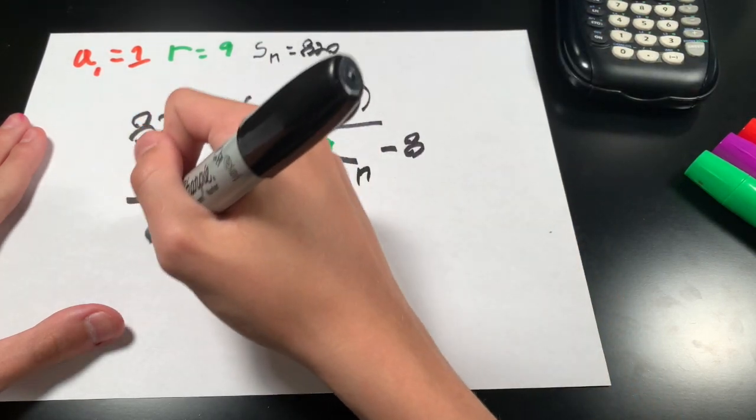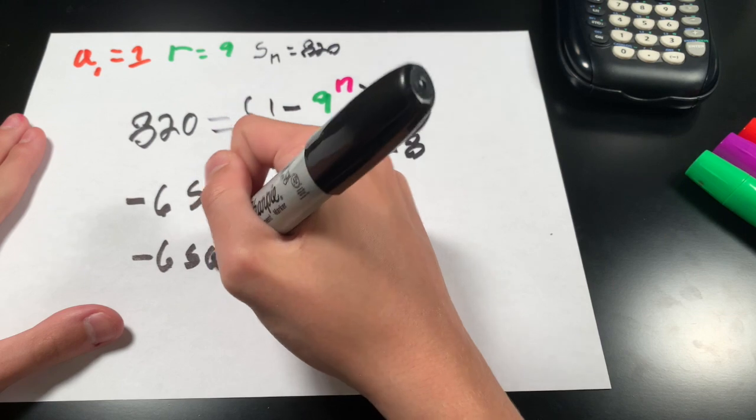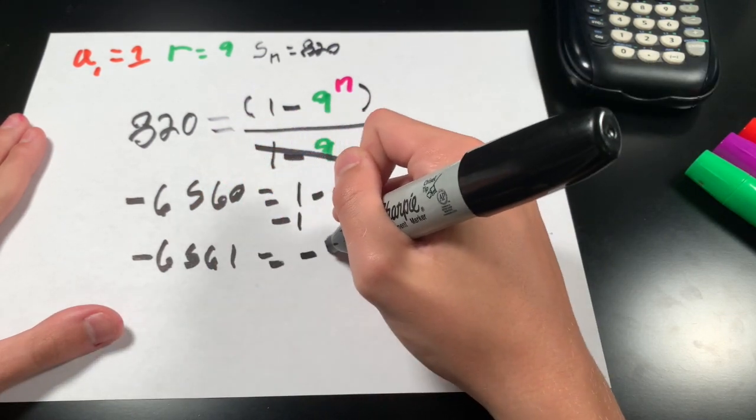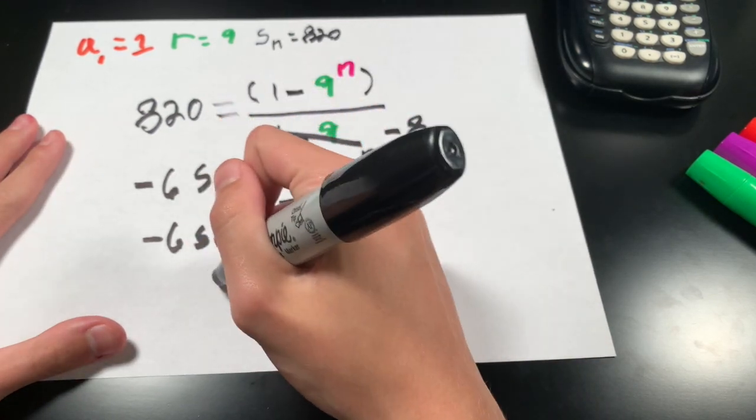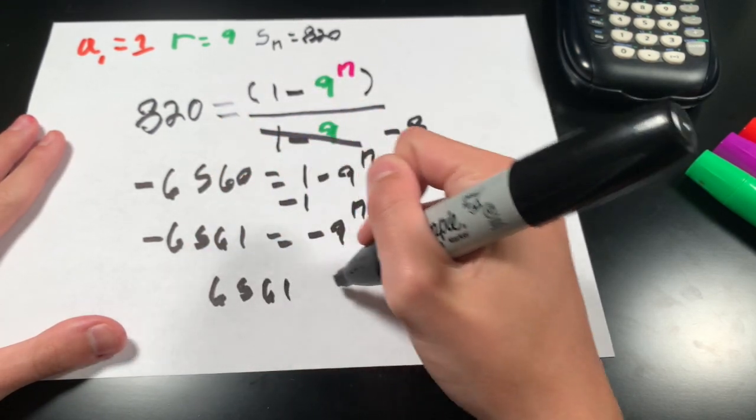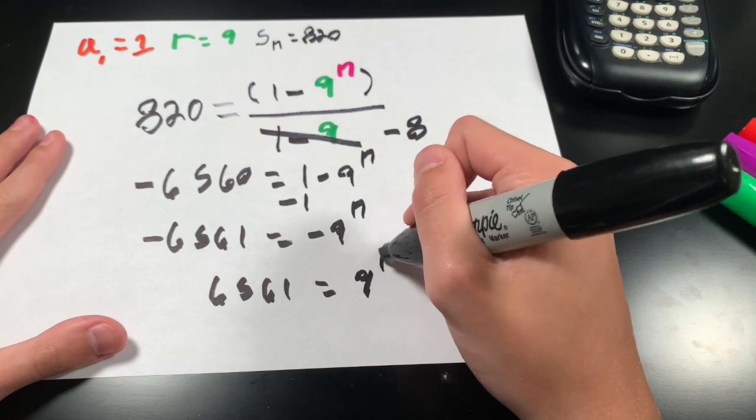We can subtract the 1, so we have -6,561 equals -9 to the n, and then factor out a -1 from both sides. So we have 6,561 equals 9 to the n.